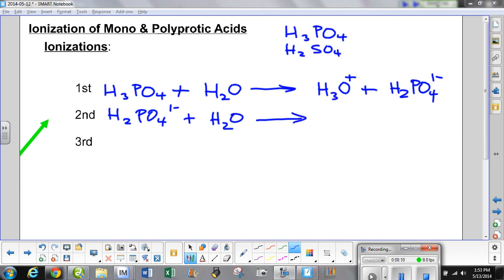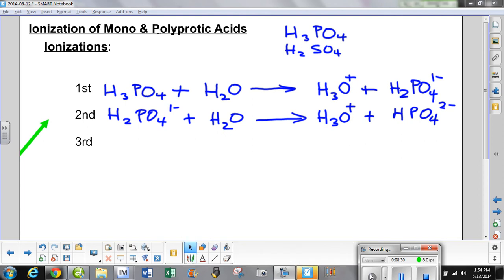Where does the hydrogen go? To become H3O, also known as the hydronium ion. And then we're going to have 1 less hydrogen. So we've got HPO4, and that's a 2 minus now, because it's lost 2 positive charges.